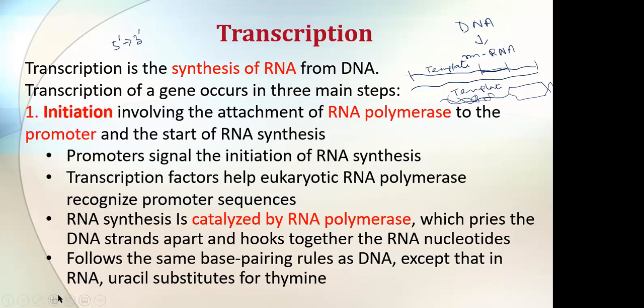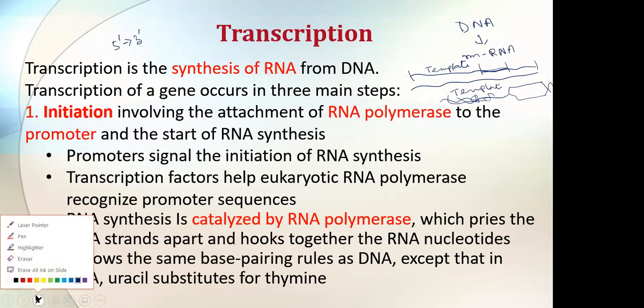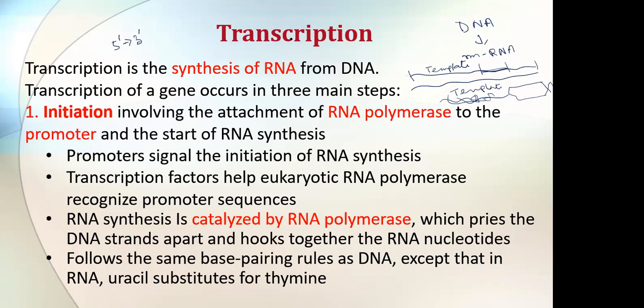So unlike DNA replication, transcription occurs on only a very small portion of the DNA. That part of the chromosome works as a template, or antisense strand. It occurs in the 5' to 3' direction. Now it's pretty easy. Over here we are making RNA from DNA, right?